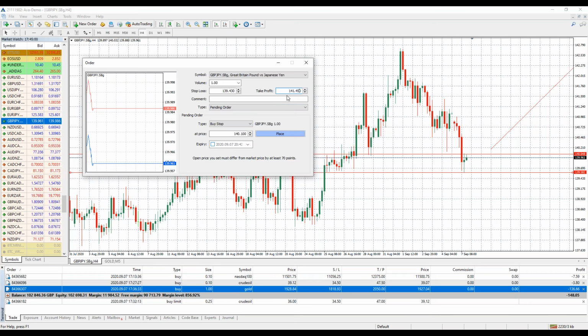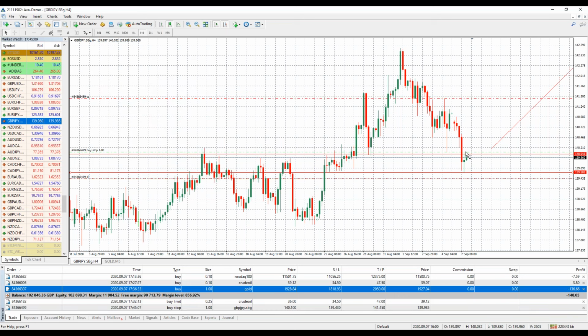Okay, so that's a good 135 pips up for my potential profit, and my stop loss is about a third of that. Risking 60 pips for potential profit of about 135, over a 2 to 1 ratio, not quite 3 to 1, potential profit to risk.